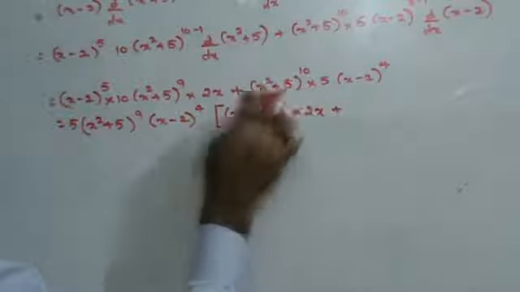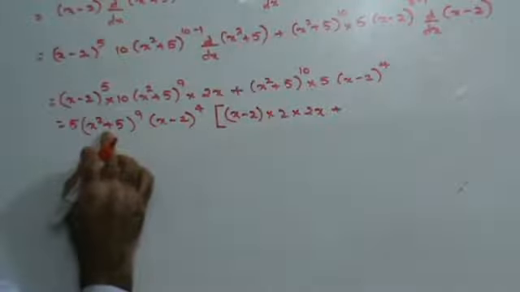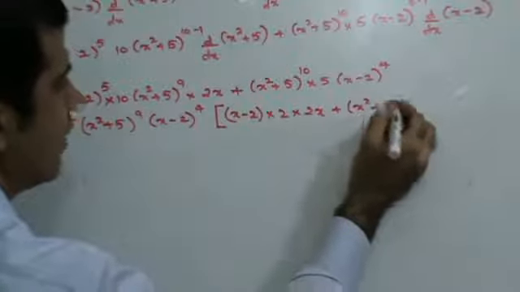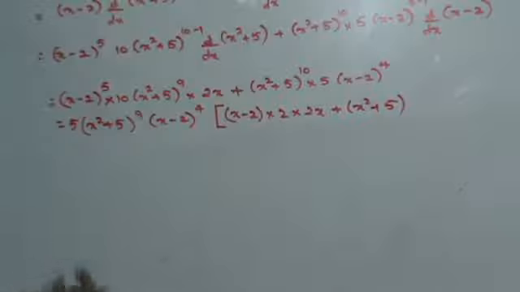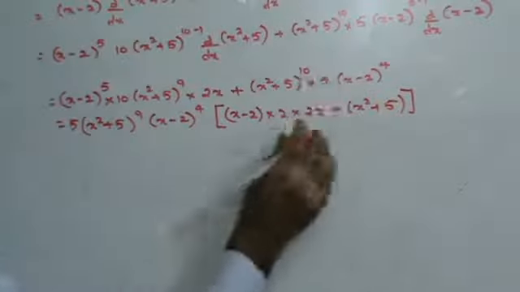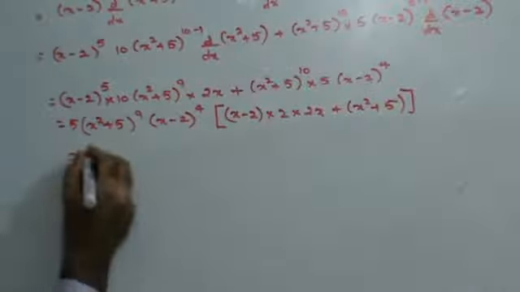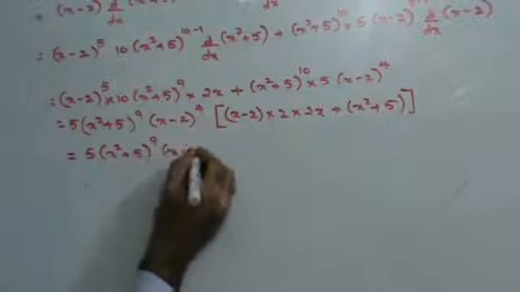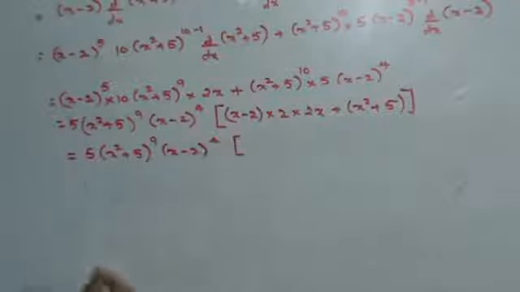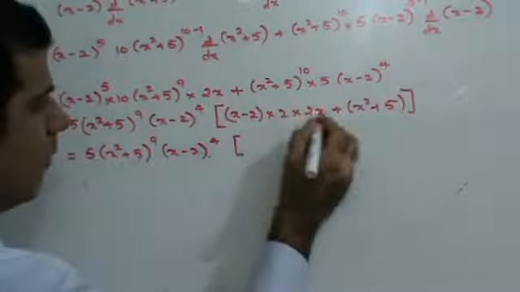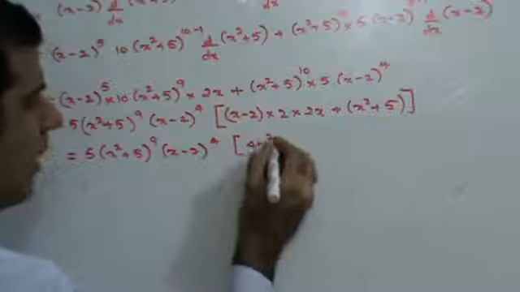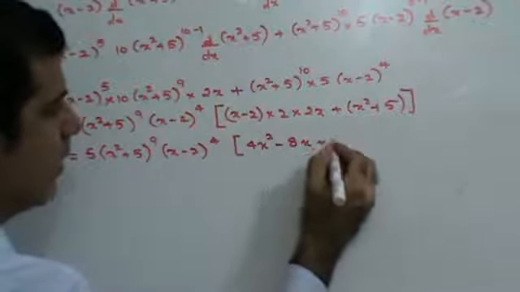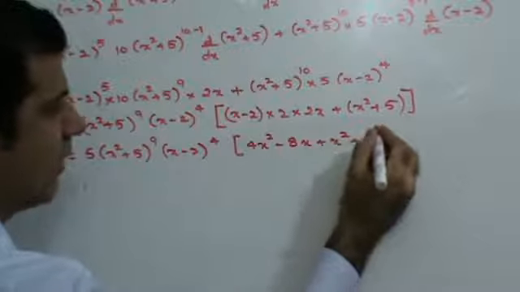Similarly, from here (x square plus 5) the whole raised to 9 is gone out, so you will have x square plus 5 remaining. 5 is out, this is out, (x minus 2) the whole raised to 4 is out, so this is 5 (x square plus 5) the whole raised to 9, (x minus 2) the whole raised to 4, and this is nothing but 4x into x, 4x square minus 8x plus x square plus 5.